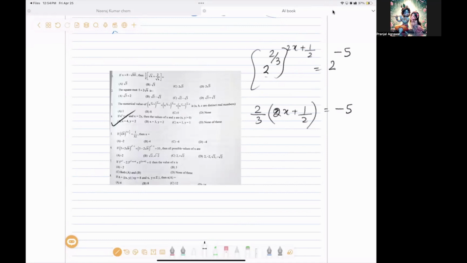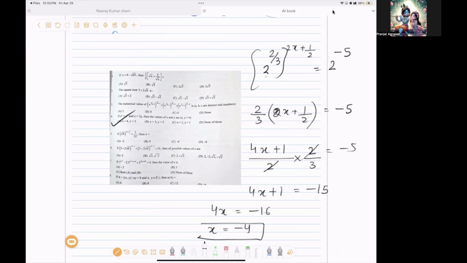So if we solve this, we get (4x plus 1) by 2 into 2 by 3 is equal to minus 5. This cancels off. So 4x plus 1 is equal to minus 15. 4x is equal to minus 16, or x is equal to minus 4. So we get this as the answer.